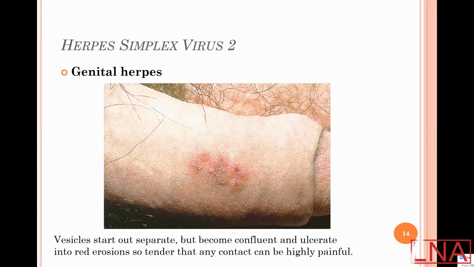So this is a picture of genital herpes on a man's penis. Vesicles start out separate, the same as herpes simplex 1, but become confluent and ulcerate into red, tender erosions, so that any contact can be highly painful.